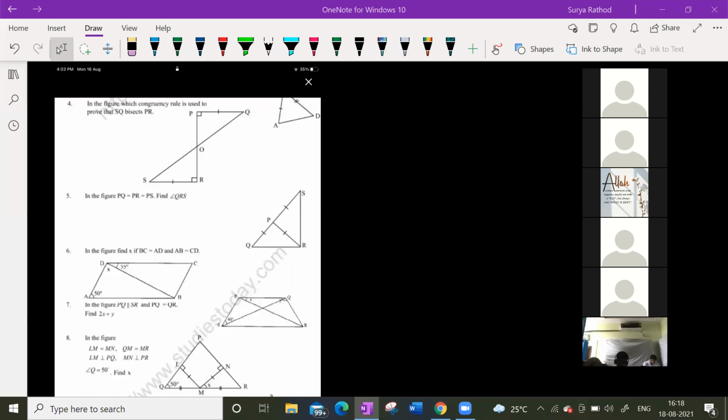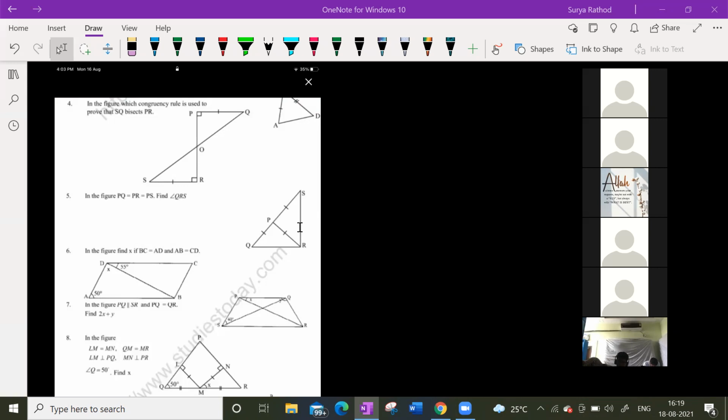Ananya, how did you solve it? Look at this. You have to explain. Yes, Ananya. So question number 4, right? Basically, which kind of congruency? You have the answer in front of your eyes. So it's AAS congruency. In the figure, why AAS?